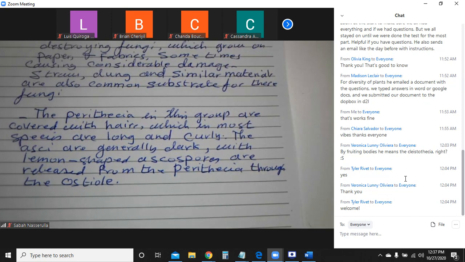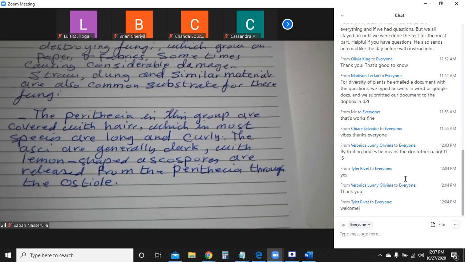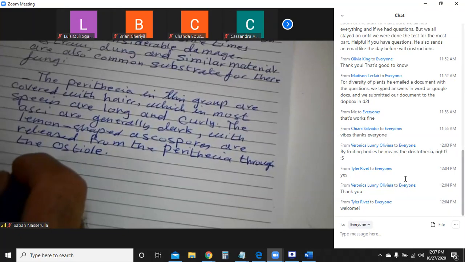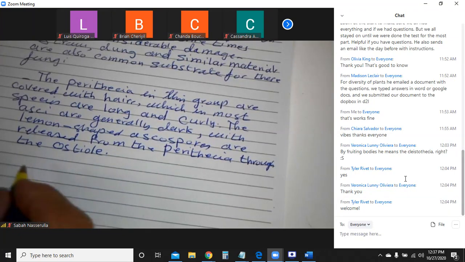Now I'm going to move to another order, which is also very important, the ergot. During sexual reproduction, the fruiting body is also in the form of a perithecium. This order is known as Clavicipitales.